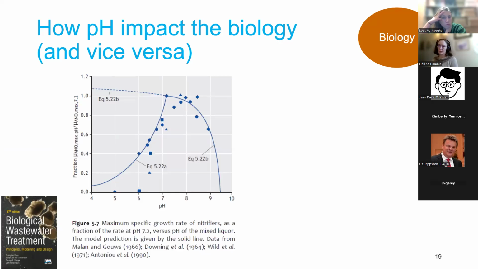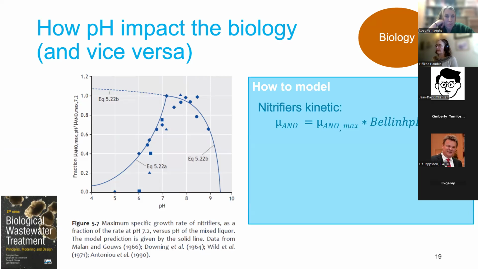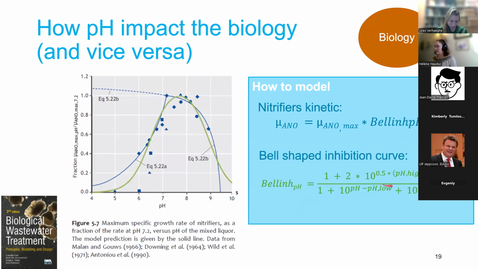And then once we know the pH, what do we do with those biomasses that are sensitive to the pH? We will have to account for this sensitivity in their kinetics, so in their growth rate. And we multiply the maximum growth rate of the nitrifiers by a function here, which is a bell-shaped inhibition curve. So this is the formula.